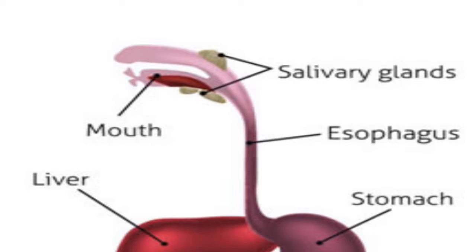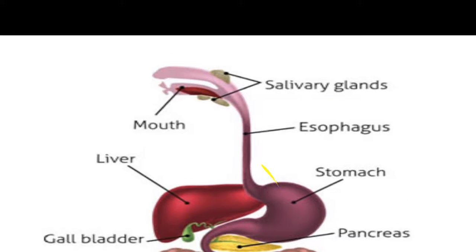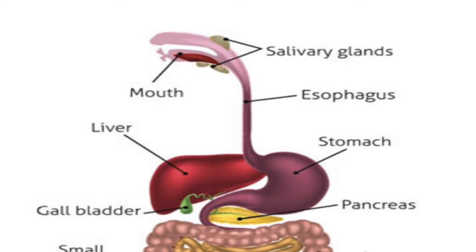This salivary amylase converts the carbohydrate type of food into a simpler form, like it converts starch into maltose. Except for carbohydrate, there is no conversion of fat and protein in the buccal cavity.